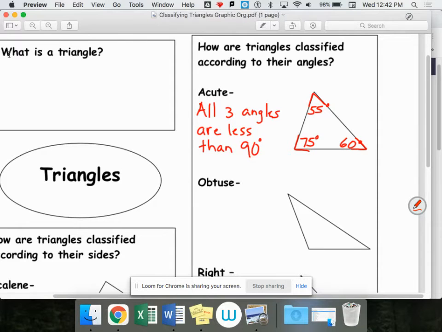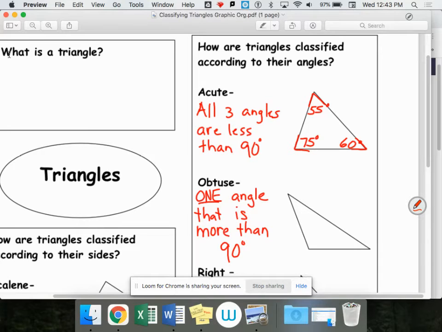Now you'll remember that an obtuse angle is an angle that is greater than 90 and less than 180. So an obtuse triangle has one angle that is greater than 90.